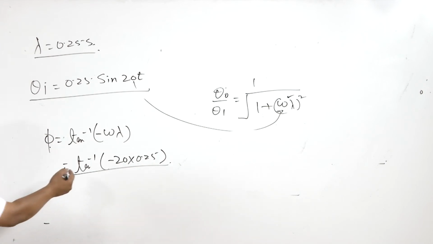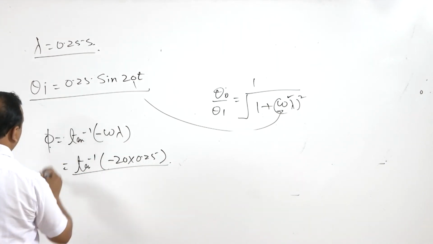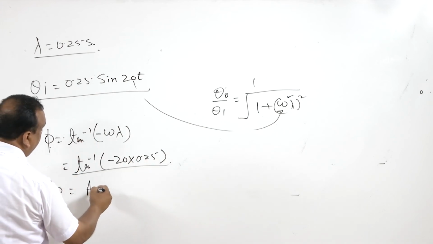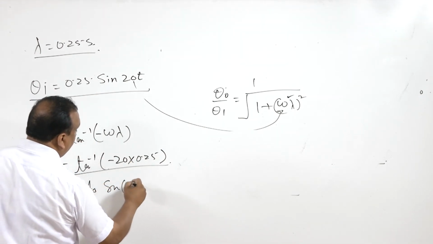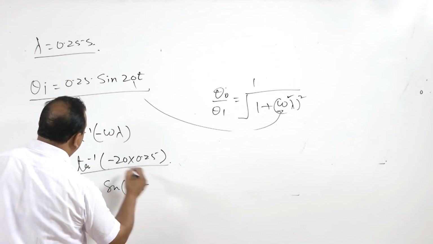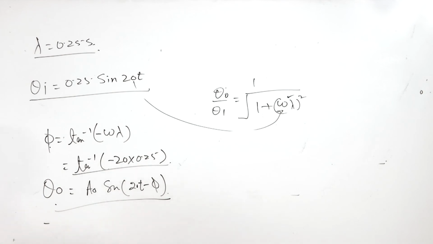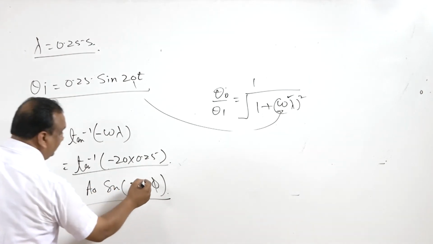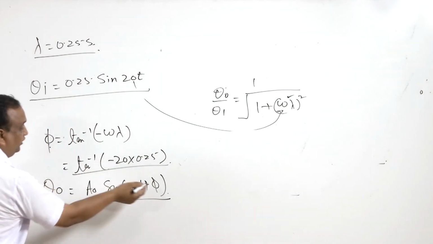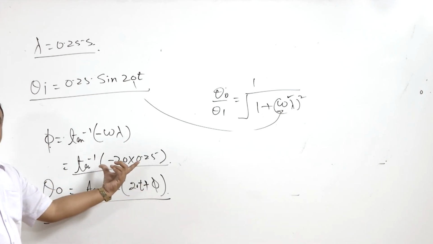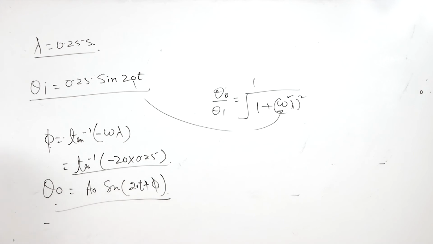And because this phi is negative, theta O is going to be the modified amplitude A0 sin(20t minus this value of phi). Because the value of phi is going to be negative, the sign will change to negative of the absolute value of this, right?